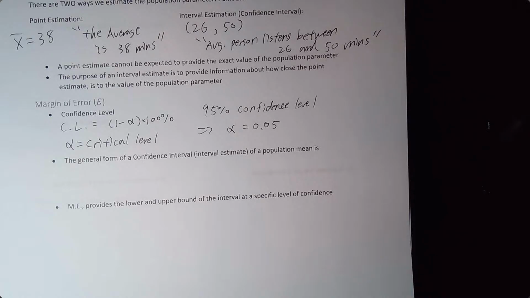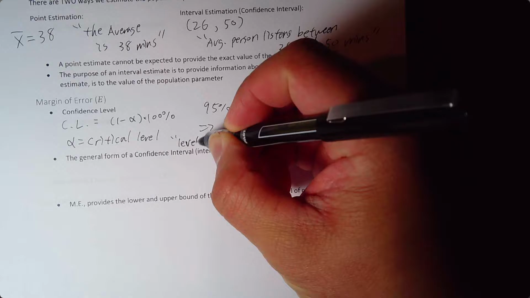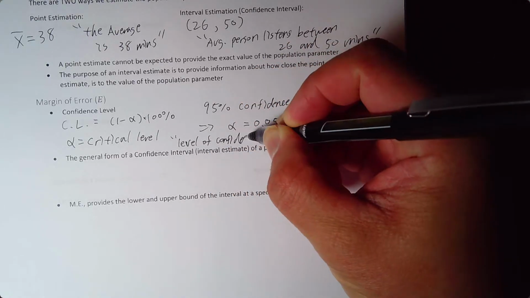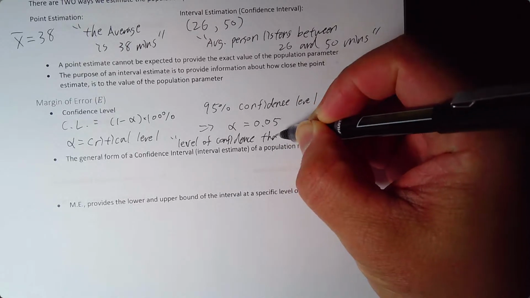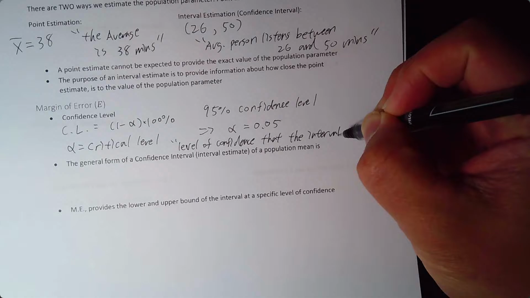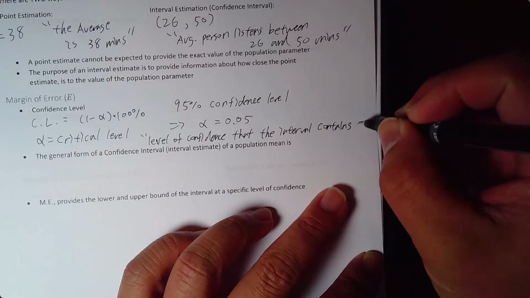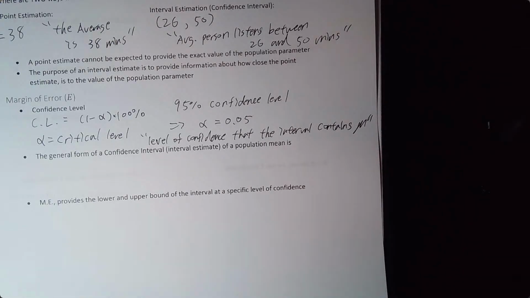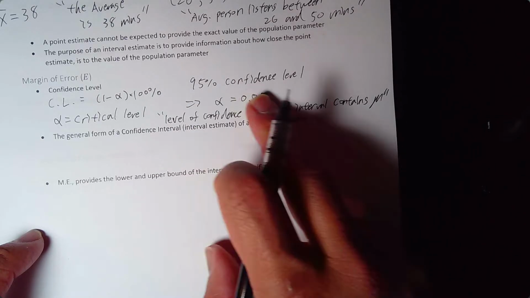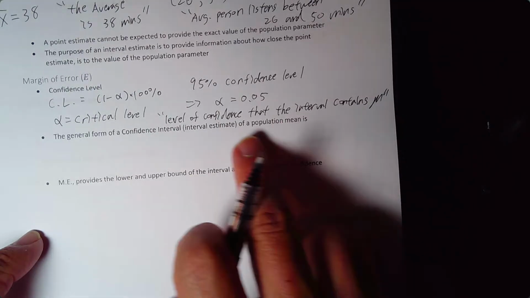It represents a level of confidence that the interval contains mu, because this is an interval estimate for mu. And so when we construct a 95% confidence level, we are 95% sure that this interval has mu in it.